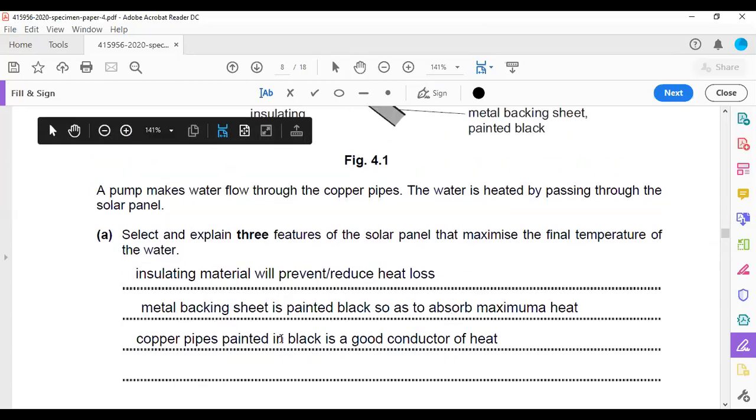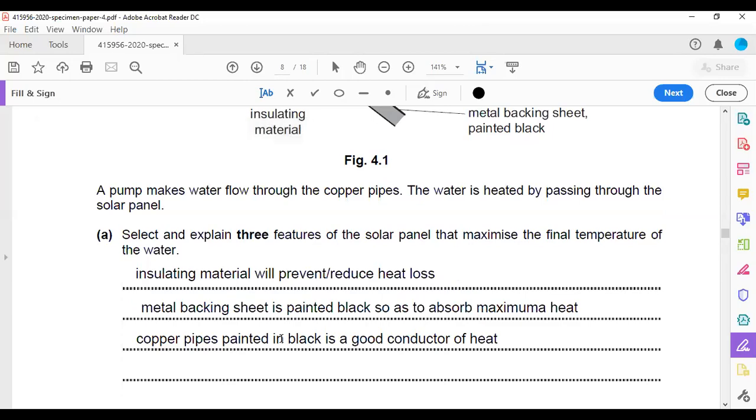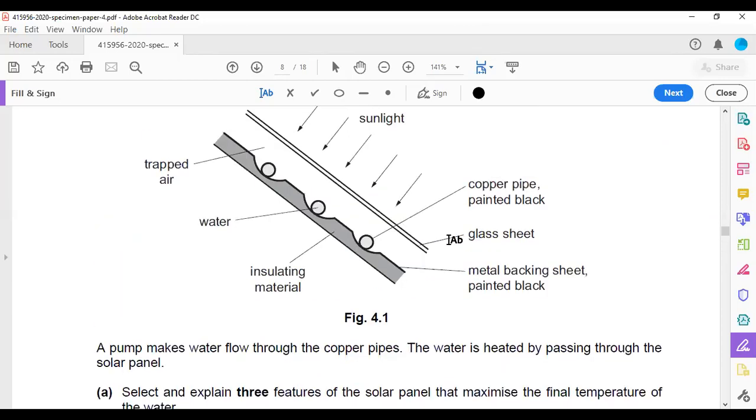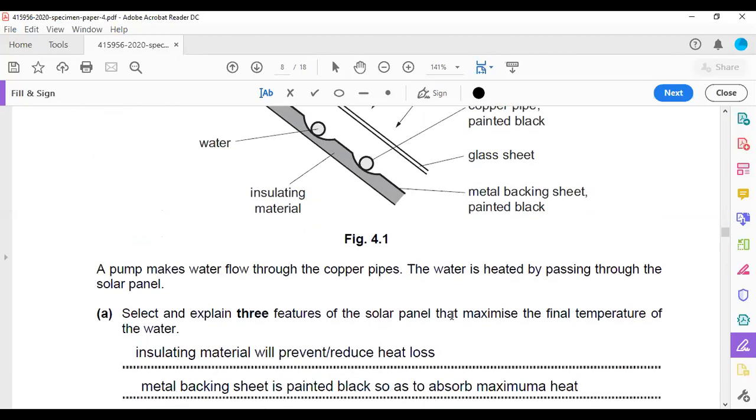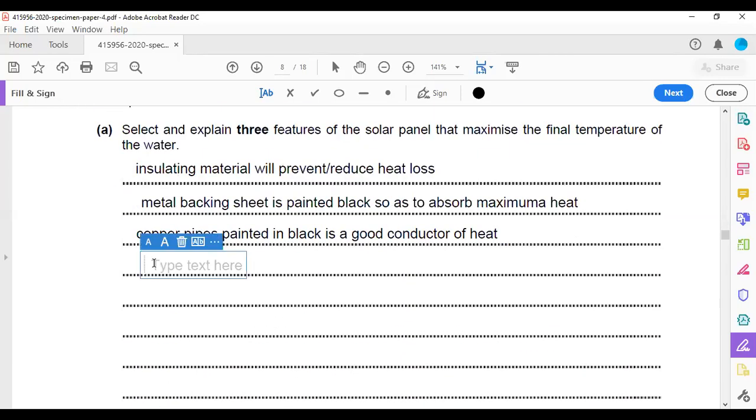So this is 3. If you want an extra one, we could also talk about the glass. Why do we use a glass sheet in here? I'll give you the next answer just in case I ask you next time.